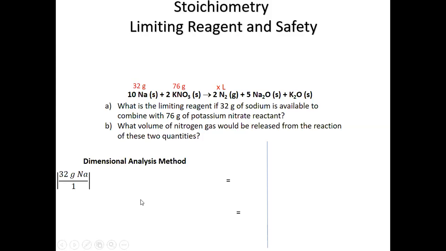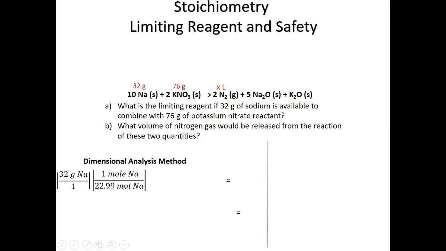The first thing that we would do with dimensional analysis is take our sodium amount and turn it into a mole amount so we could use the mole ratio later. By knowing the amount of sodium and its molar mass, we can convert from mass to a mole amount. So we apply the molar mass.